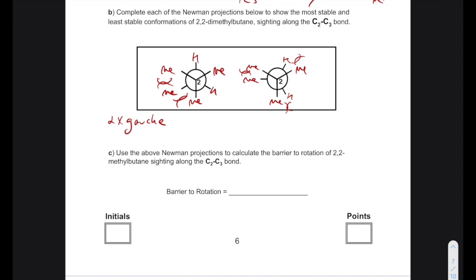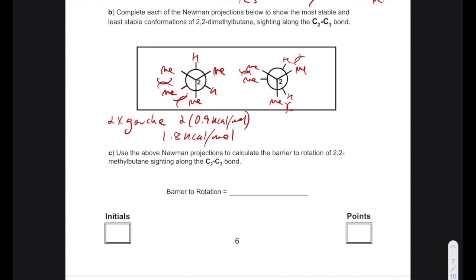You don't maybe have to memorize these numbers, in my opinion, because we have the internet. But for this problem, you would need to memorize it, and poor student at MIT, they have to memorize these things. 2 times the gauche energy, which is 0.9 kcals per mole, gives an energy of 1.8 kcals per mole for the structure on the left.